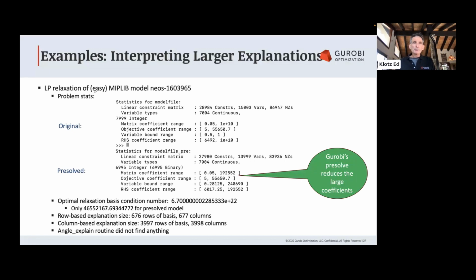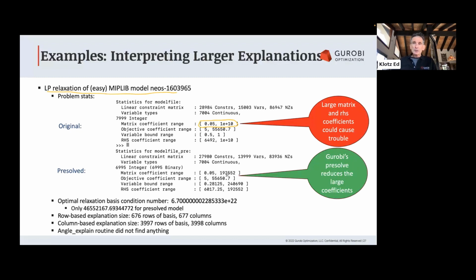The first is going to be this LP relaxation of a MILP model. Just looking at the problem statistics, we already have a hint as to what is likely to be involved, because we see one of the 3 usual suspects here, namely large coefficient ratios.